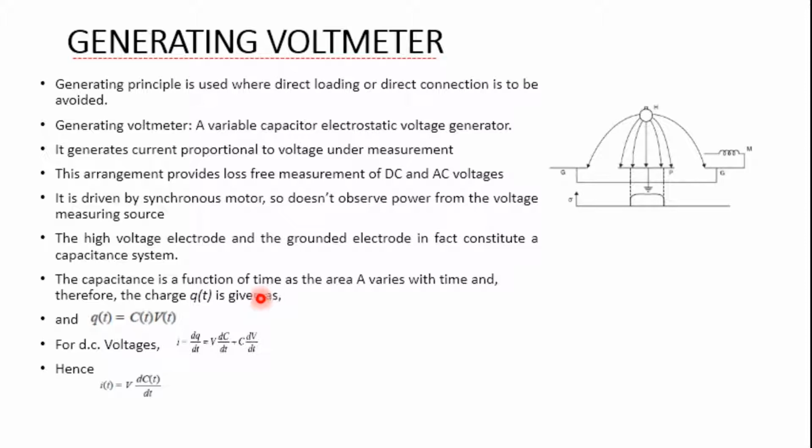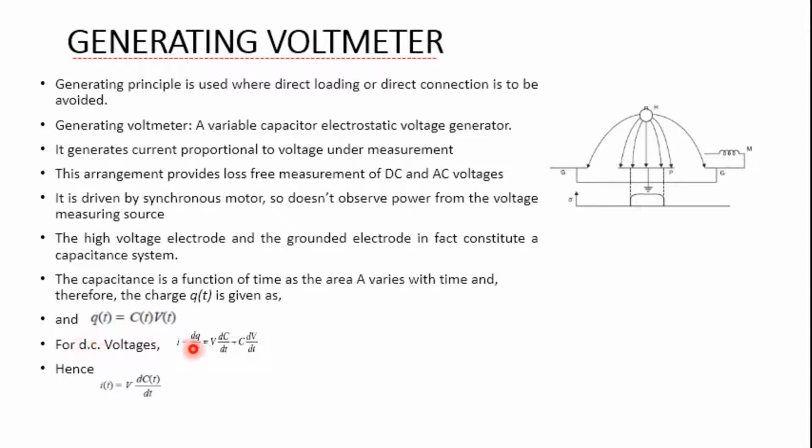If the capacitance varies with respect to time, with the source voltage, the current through the capacitance is a function of time, as the area A varies with respect to time. Therefore the charge is Q(t) is equal to C(t) into V(t).